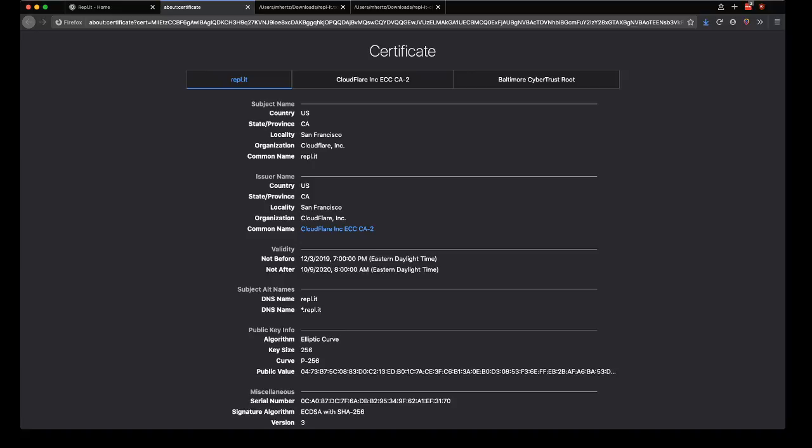And we trust that Baltimore Cyber Trust Root because there's a lot of checks that go on for that, and it's built into our operating system, built into our browser. So it is unlikely, if not impossible, for that one to be compromised. And there are some times, it's a very rare occurrence, there are some times when one of those sites will get compromised, when someone will hack into it and either steal some certificates or generate their own signed certificates that they can use.